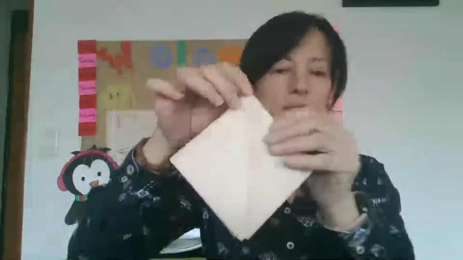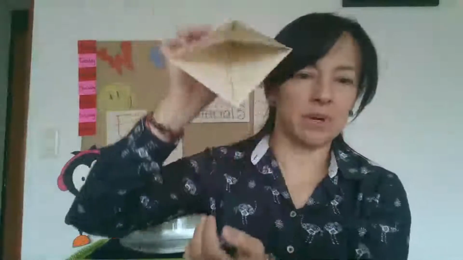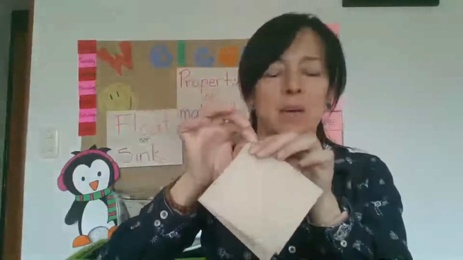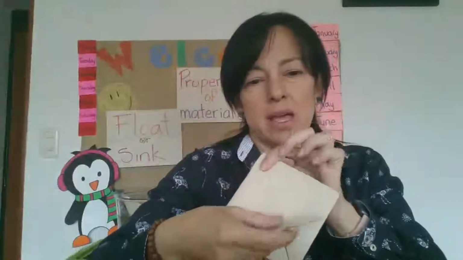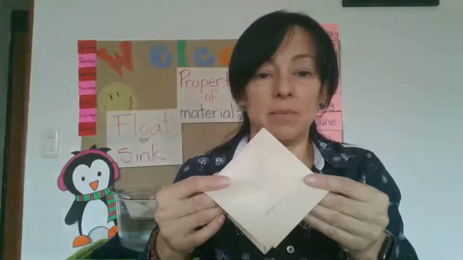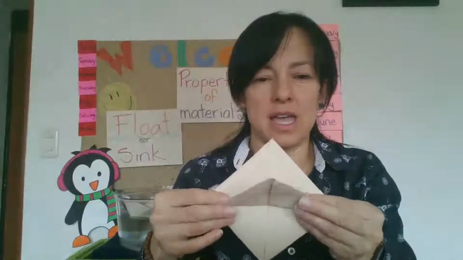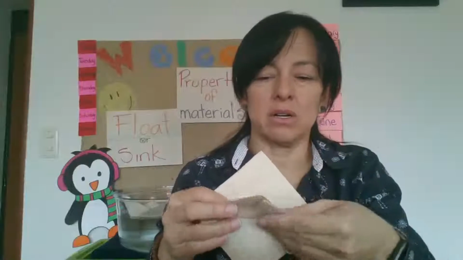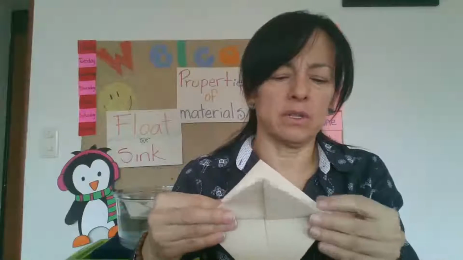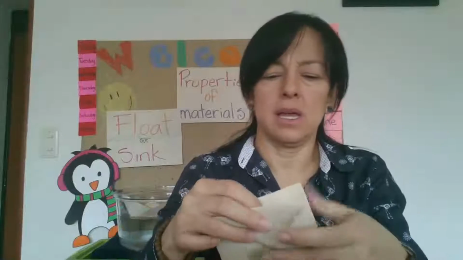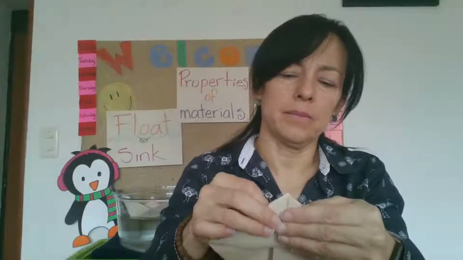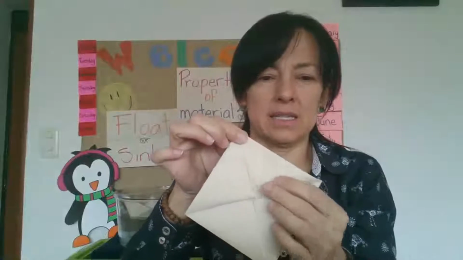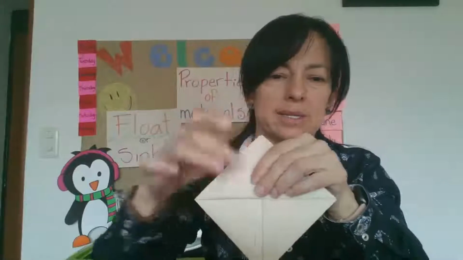Okay. So here at the bottom I have the open part, right? So I'm going to take my corner at the bottom and I'm going to fold again to join it with this point, with this corner. So fold it like this and press.